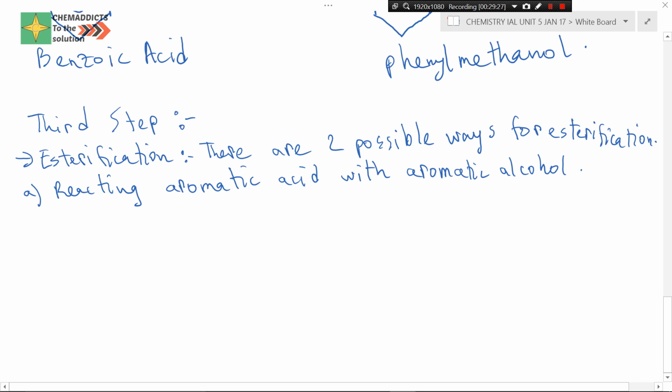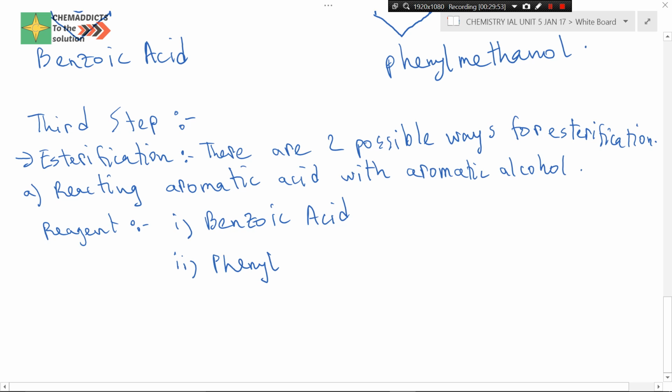Okay, aromatic alcohol. So the reagent that would be required over here, once again let's talk. The first reagent would be benzoic acid. Yeah, you guessed it right, benzoic acid. And the second would be, yeah, you are correct, 100% correct, that would be phenyl methanol.